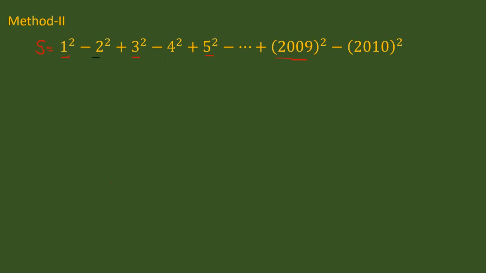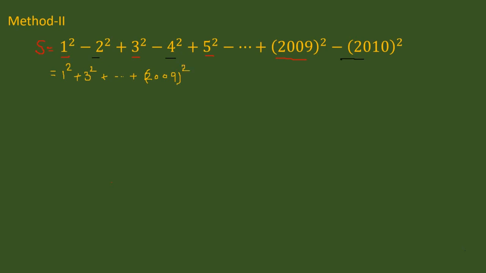So let's separate 1 square plus 3 square and so on up to 2009 square.